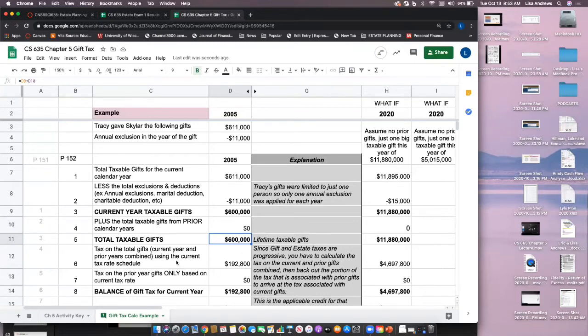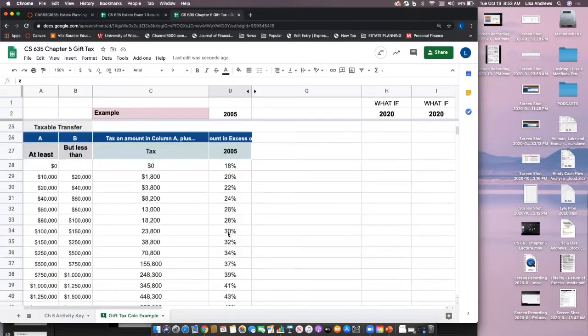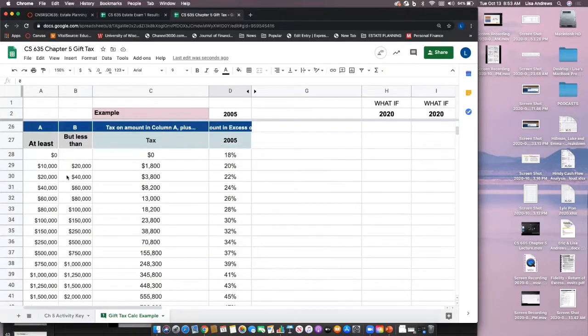On the next line, the tax on the total taxable gifts, current year and prior years combined. So we have to go down to this schedule and figure out what $600,000 amounts to for tax. I've included the formula, but essentially we know 600,000, where are we?